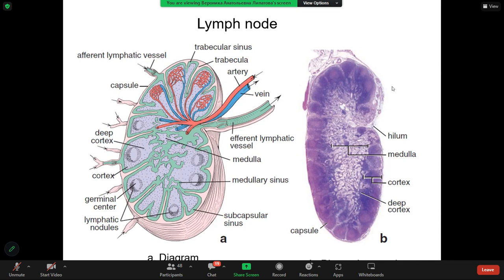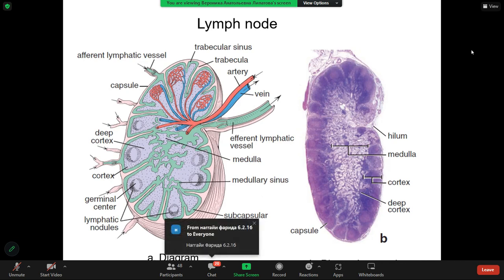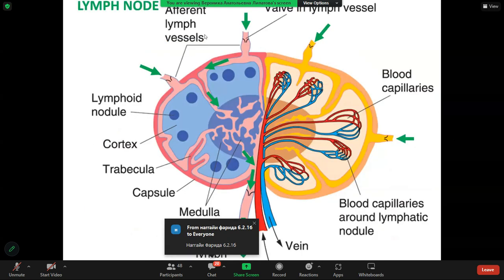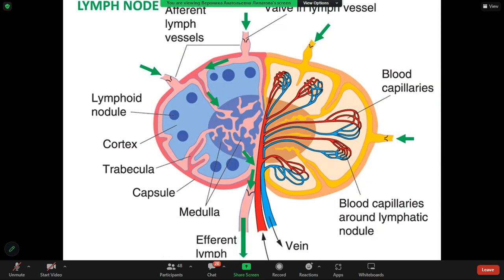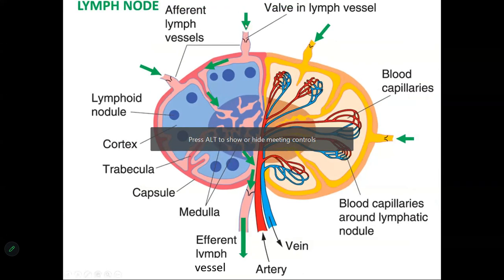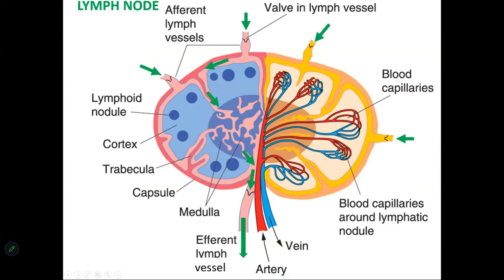Here, low magnification, round nodule at the periphery, pale space of sinuses lined with endothelial and reticular cells. This picture I demonstrated to you several times. It illustrates the same lymph flow from afferent through lymphatic sinus spaces to the central sinus and to the efferent lymph vessel.